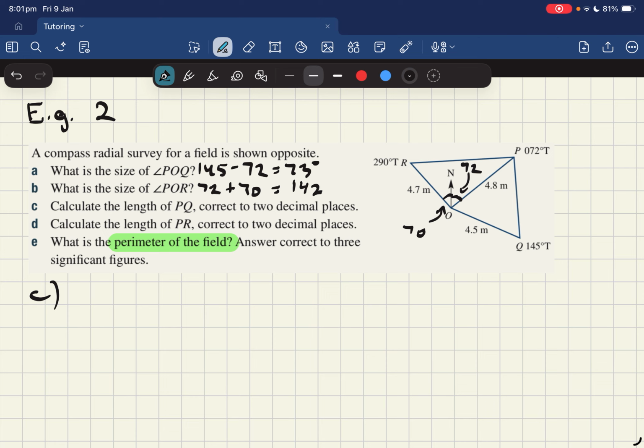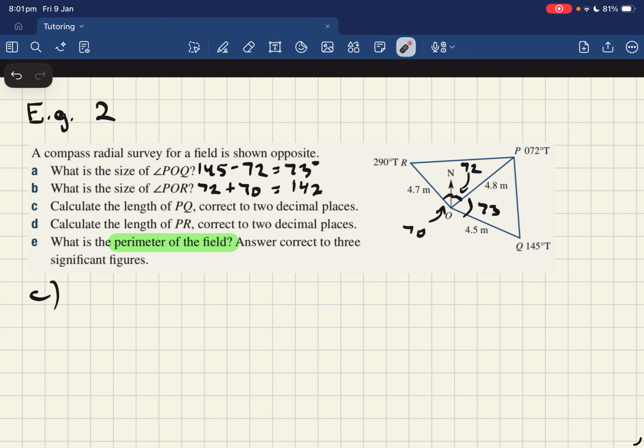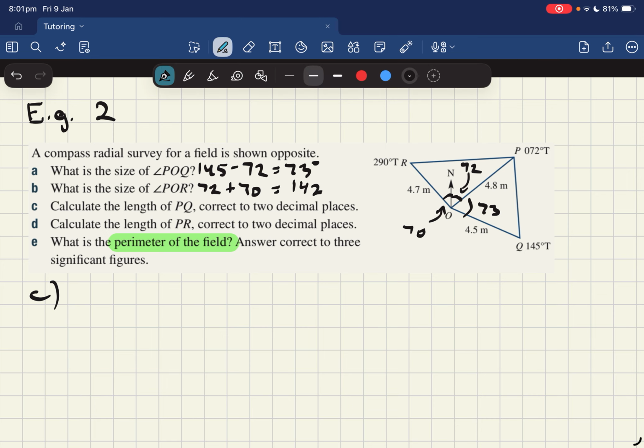Now, for PQ, we've already found this angle, 73 in here. We found that in part A. We can use our cosine rule, because remember, we have one side, which we need to find, and two given sides. 3 sides, one angle, we're using cosine rule. So PQ, I'm going to go straight into square rooting, because remember, the last step for cosine rule is to square root.